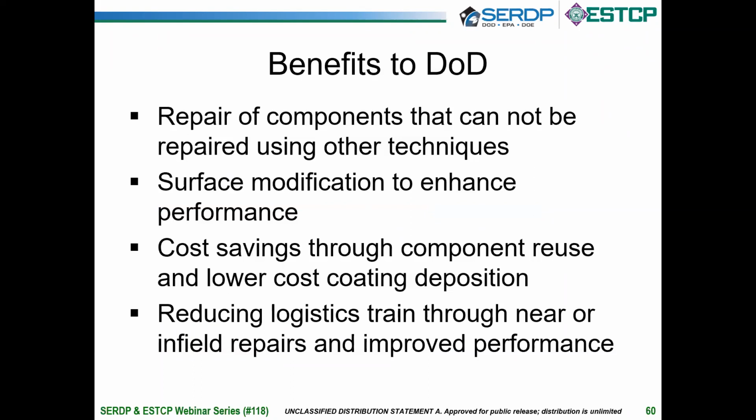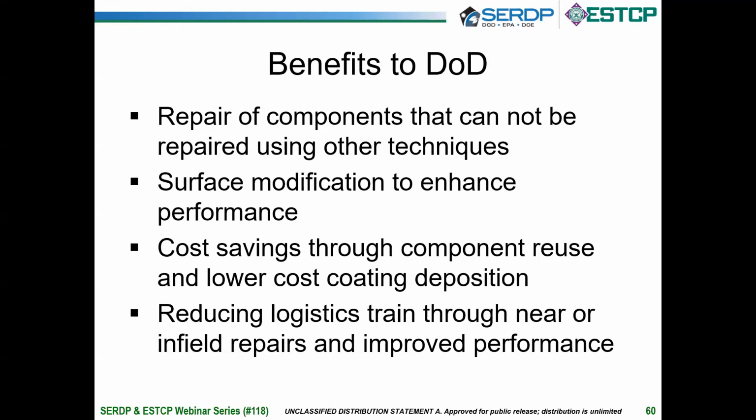So the benefits to DoD are obviously repair. That's the biggest benefit we see today, but also surface modification for enhancing performance. That's a big factor going forward with some of these materials we're developing, especially these chrome and nickel replacement type materials. We're finding that they are not only a replacement for wear and potentially a corrosion barrier, but also they're excellent in things like impact resistance and so forth.